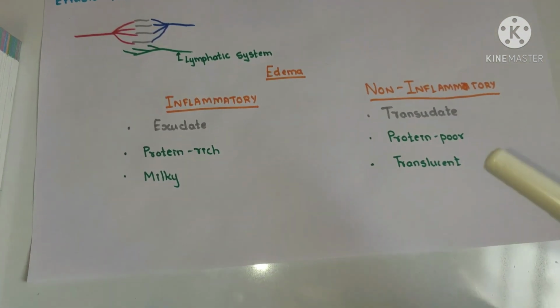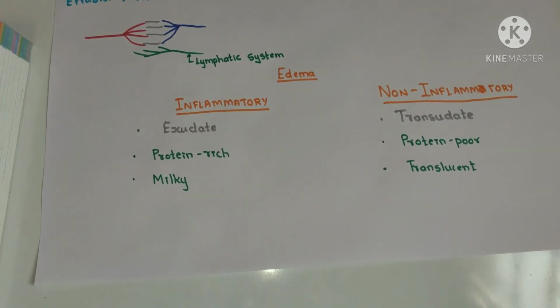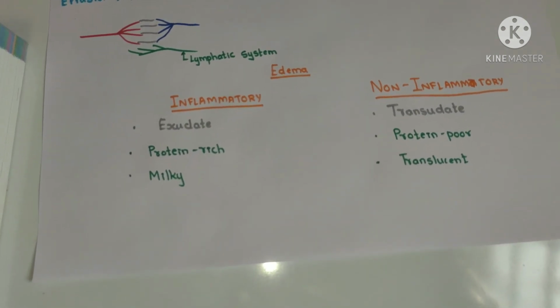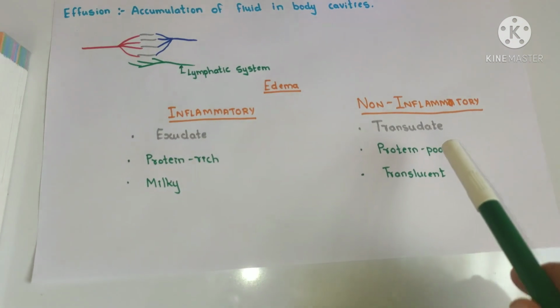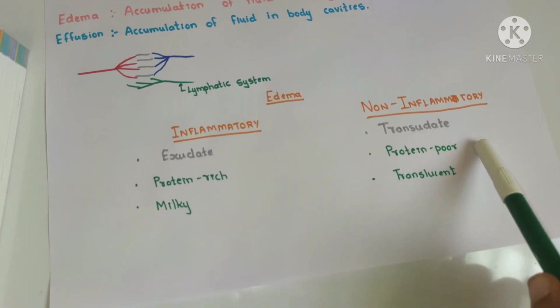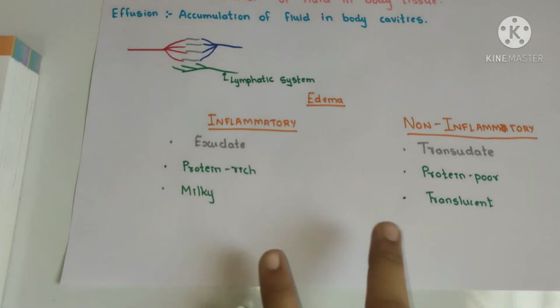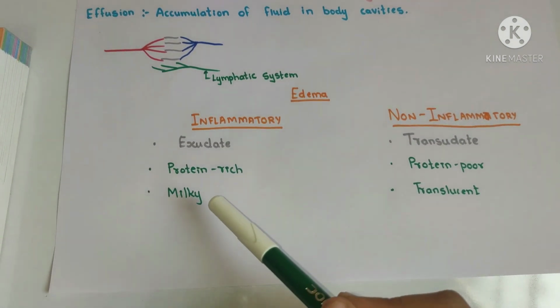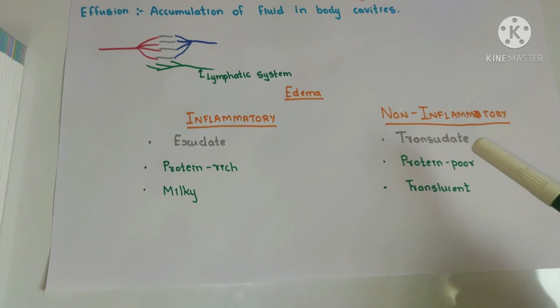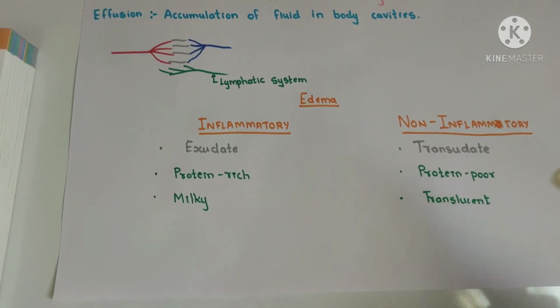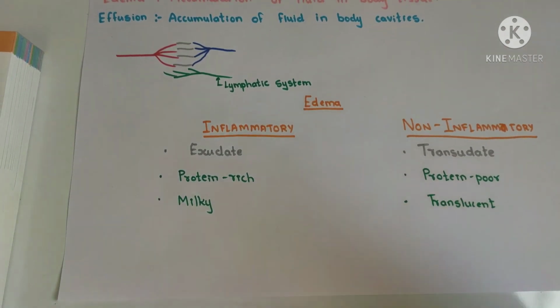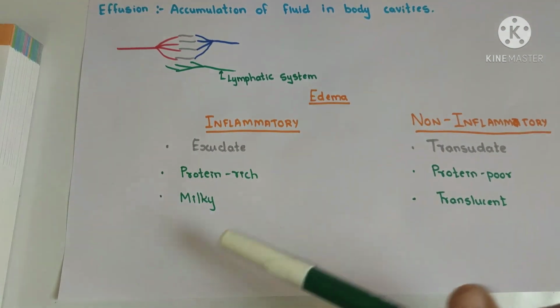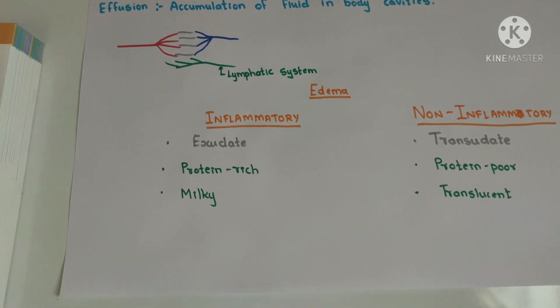Whereas, as there is no inflammation, there is no change in the permeability of the vascular membrane. So, non-inflammatory transudate will be poor in protein content. Due to this protein, the color of exudate will be milky, whereas transudate color will be translucent, that is semi-transparent. In exudate, sometimes white cells will also be present.